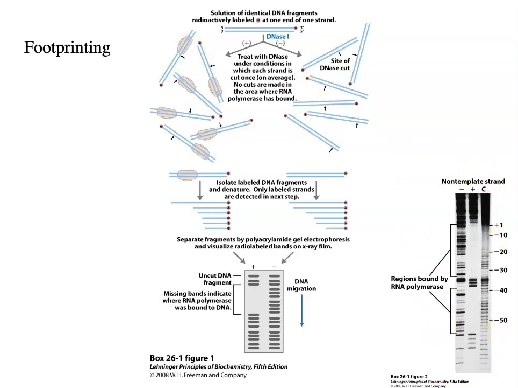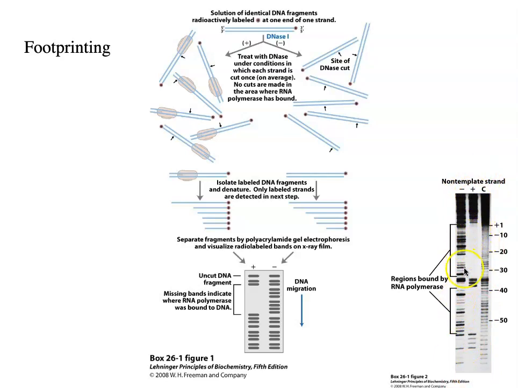Here is an actual experiment where RNA polymerase has been incubated with a lac operon. This is the control. It's just basically sizes, these DNA band sizes. This is without the RNA polymerase, and this is with the RNA polymerase.